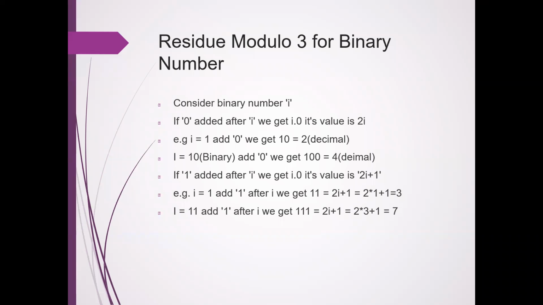So Q0 is one state, which will produce output 0, that is remainder 0. There will be another state Q1, with output 1. It means Q1 will generate remainder 1, and there will be a Q2, which will generate remainder 2.